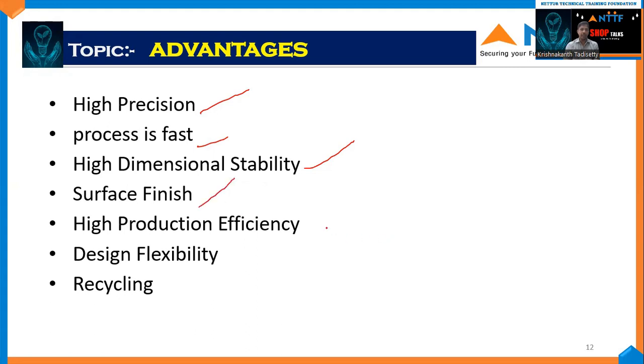The surface finish will be good. And high production efficiency and design flexibility. The design flexibility means the designer can make any complex profiles of a component, because the flexibility of the material is high. And last one, recycling.